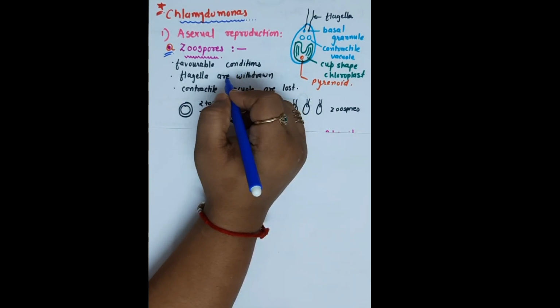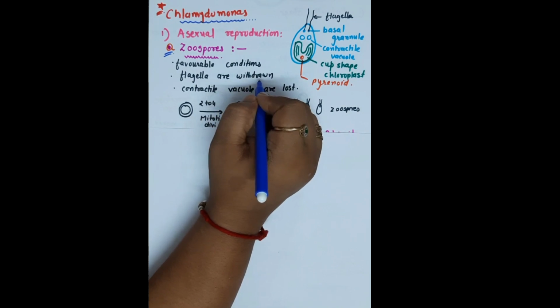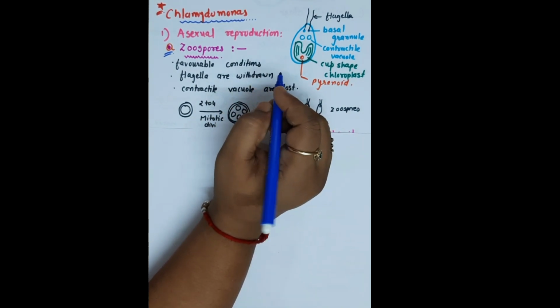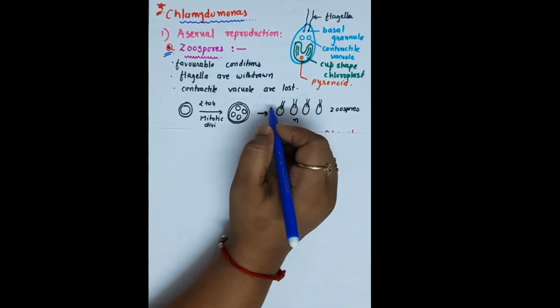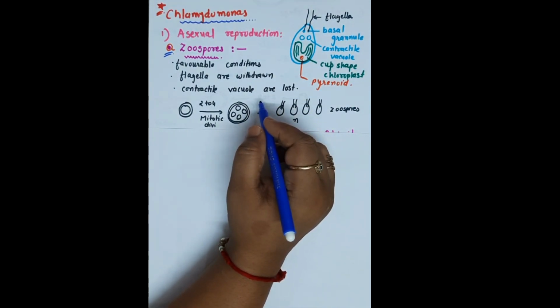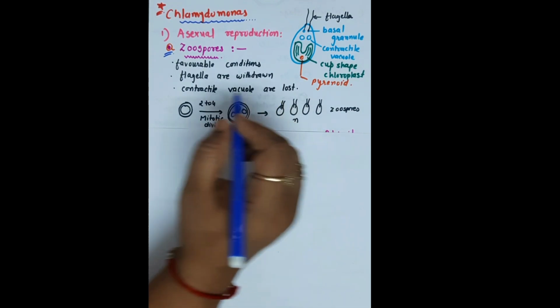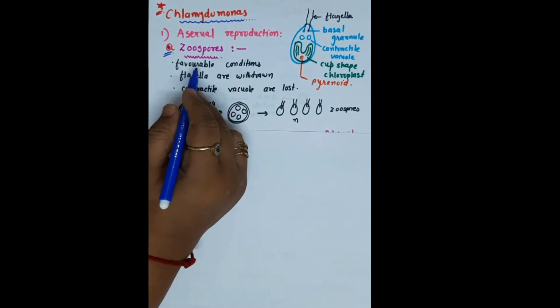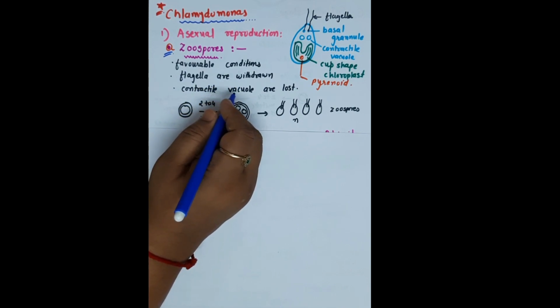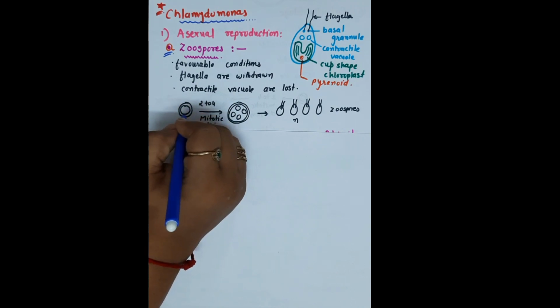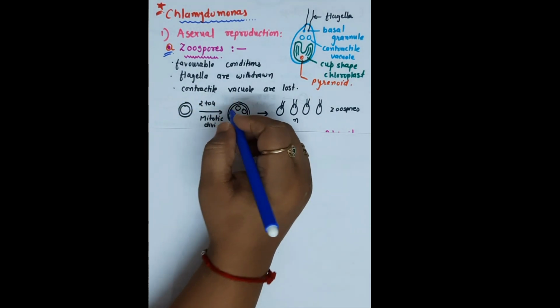At this time the flagella are withdrawn, meaning the flagella no longer remain, and the contractile vacuoles are lost. So contractile vacuoles also help in reproduction. So remember, it occurs under favorable conditions, flagella are withdrawn, contractile vacuoles are lost, so it becomes spherical in shape.